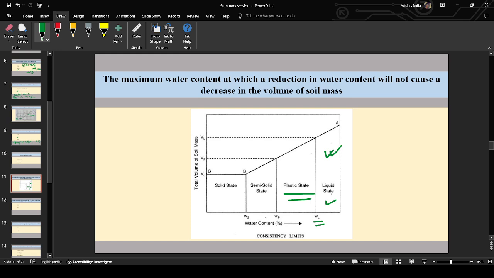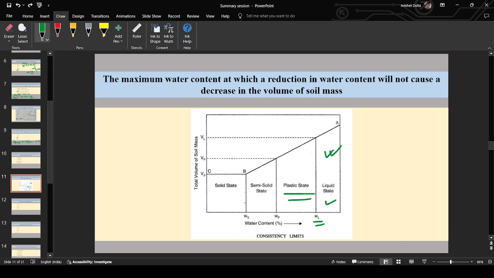Below the plastic limit, the soil will be in a semi-solid or stiff state until we reach the shrinkage limit Ws, below which there will be no change in the volume. As you can see, the shrinkage limit is at the point B in the graph. Below the shrinkage limit up till the point C, there is no change in the volume.